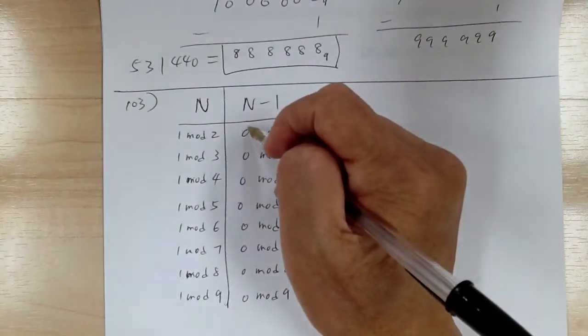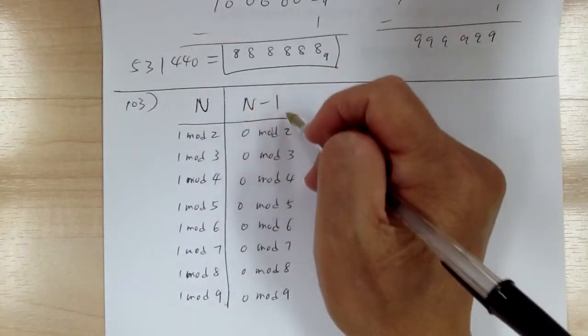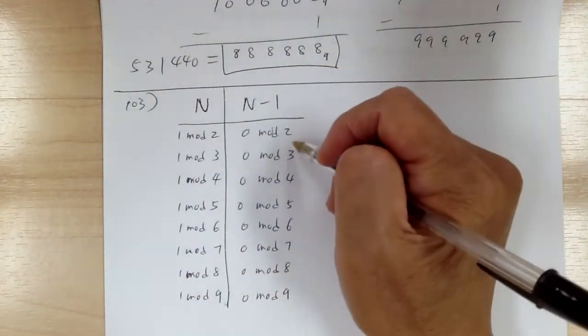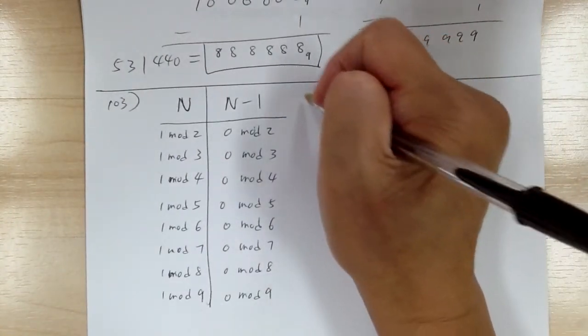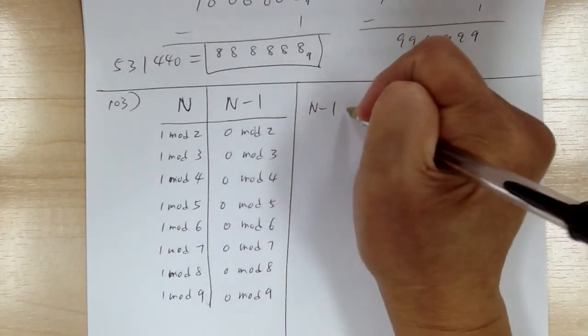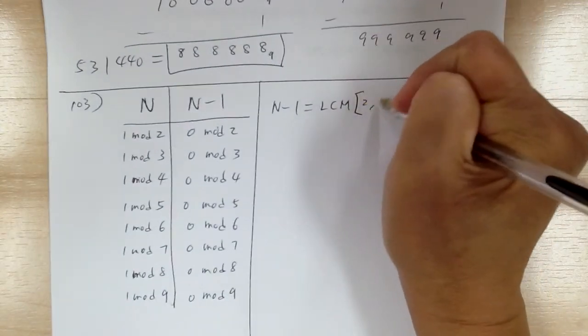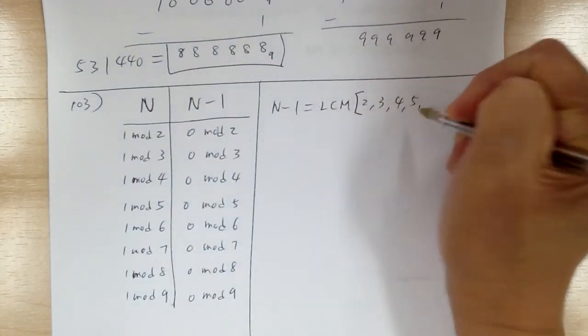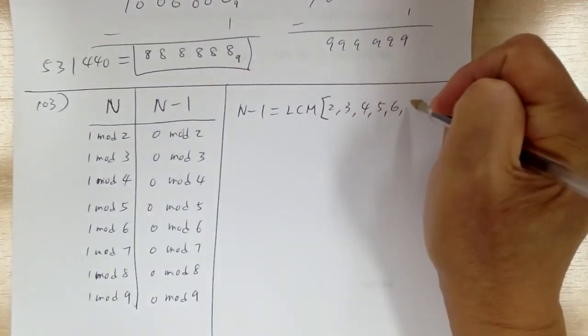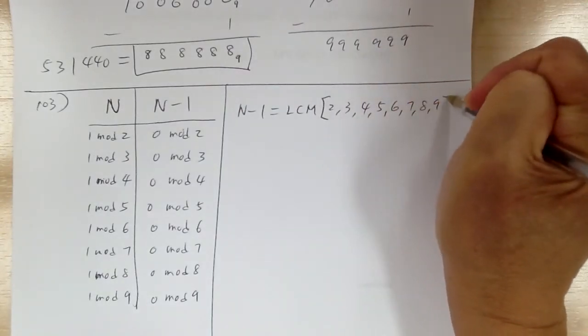Now when the remainder is 0, that means this is a common multiple of these, so n minus 1 equals the LCM of 2, 3, 4, 5, 6, 7, 8, 9.